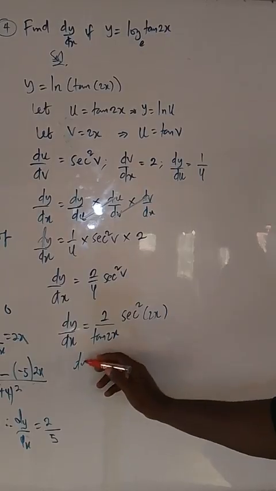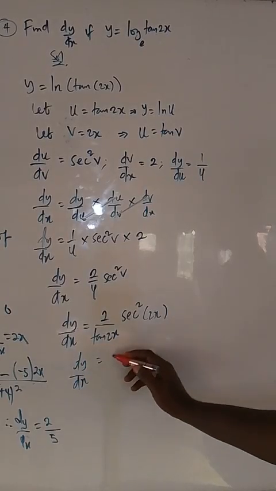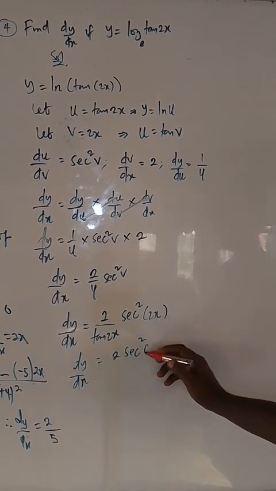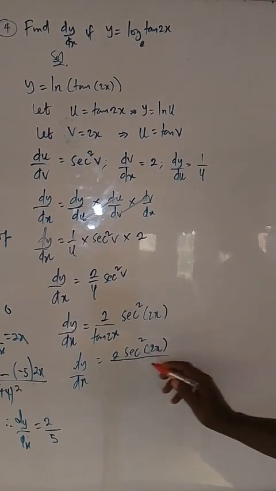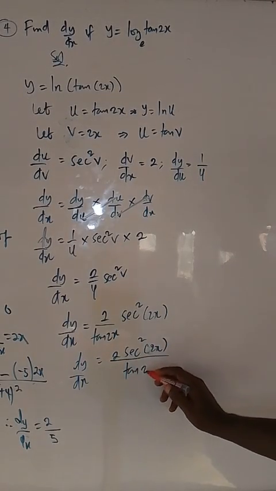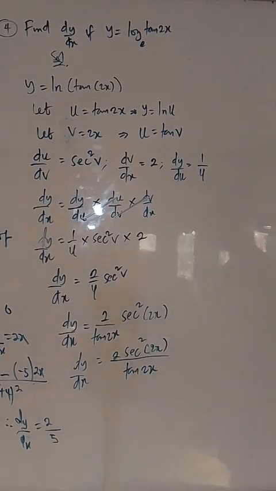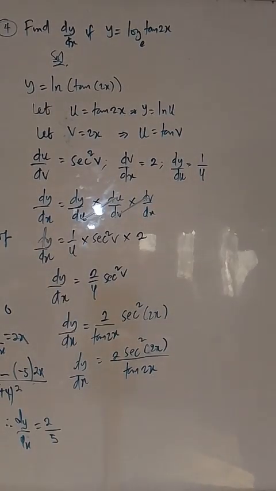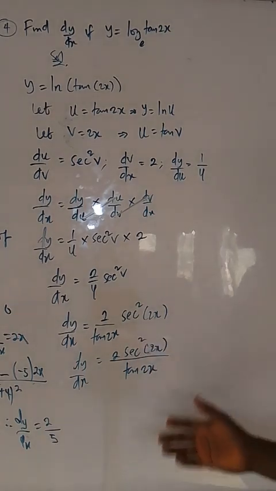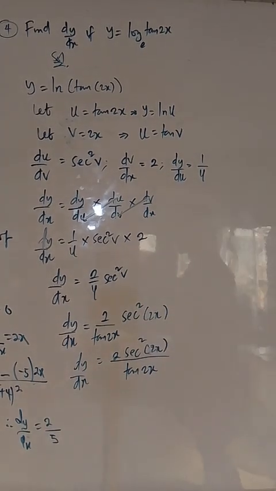We could have ended by saying dy/dx equals 2 sec squared 2x over tan 2x. But sec is 1 over cos and tan is sin over cos. If we simplify further, we get a simplified answer.